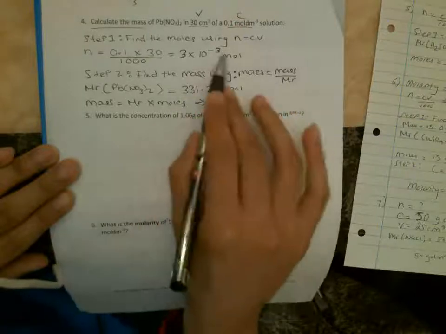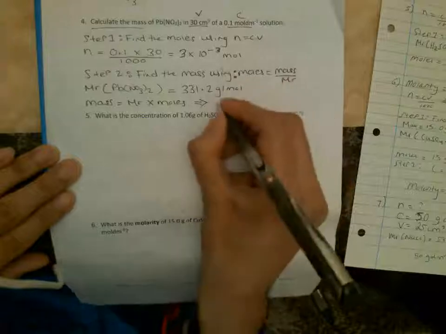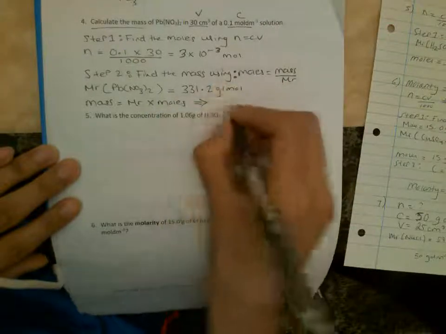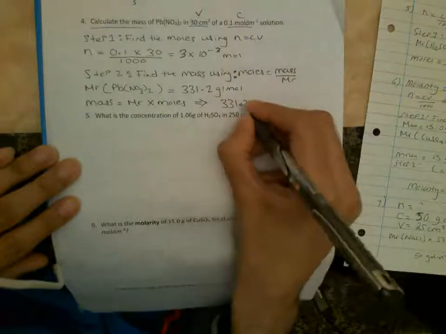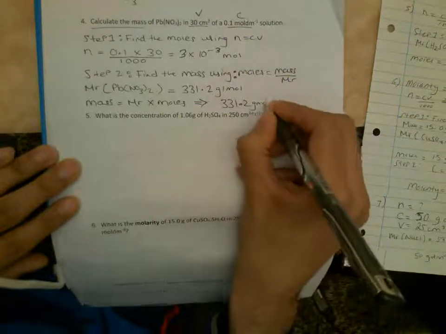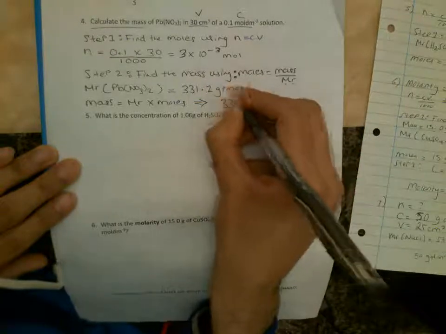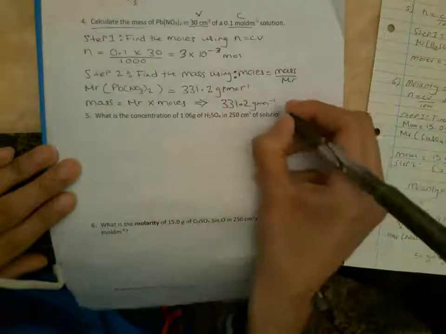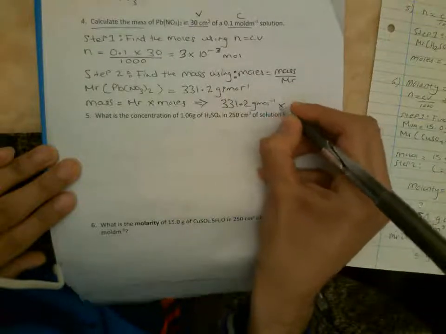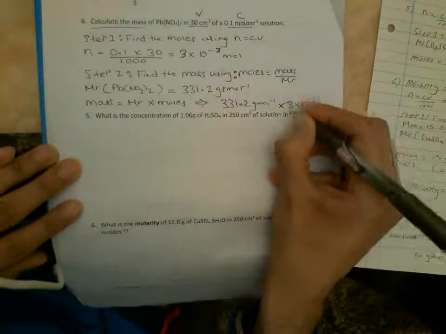And because in step 1 we found out the moles, which was 3 times 10 to the power of minus 3, we can just simply plug in some numbers. So our Mr was 331.2 grams per mole, and our moles was 3 times 10 to the power of minus 3.